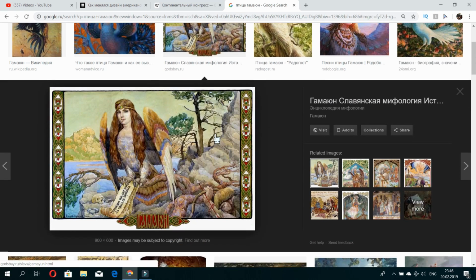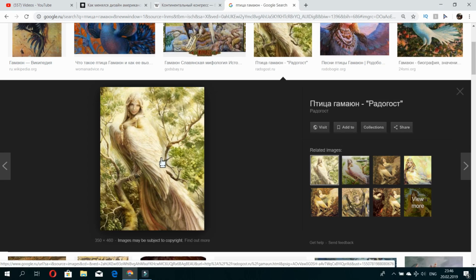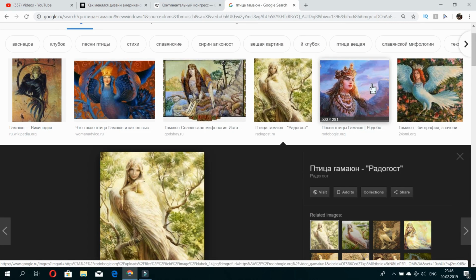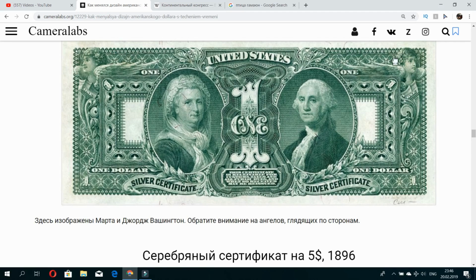Yeah, in Russian tradition. So it's like antique, the preflood civilization knowledge, and it's spread also on this design.